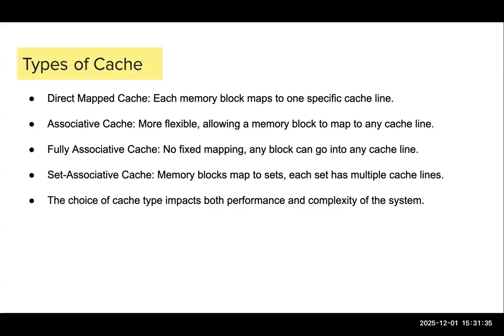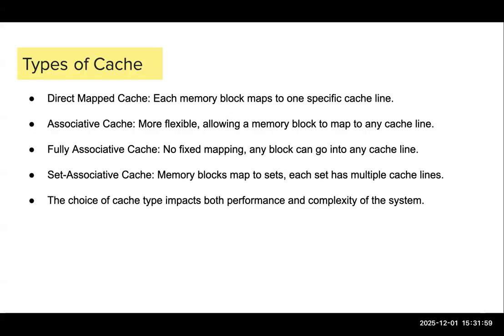This reduces conflicts but increases complexity. Moving on to fully associative cache, any block can go into any cache line. Maximum flexibility but requires searching all lines, which is time-consuming and not really anyone's first choice when implementing structures.